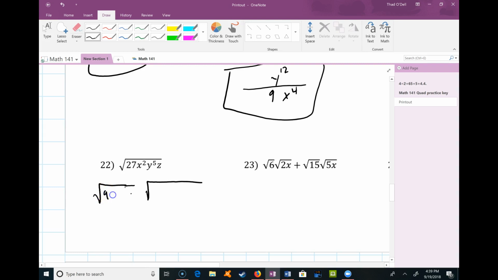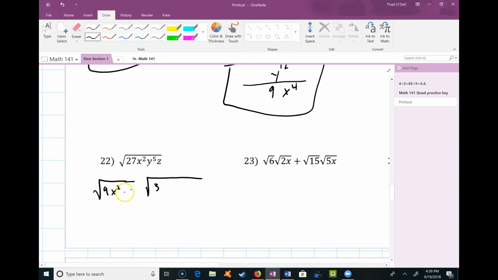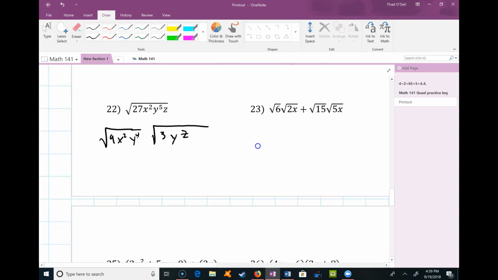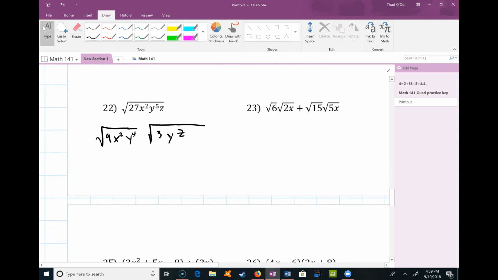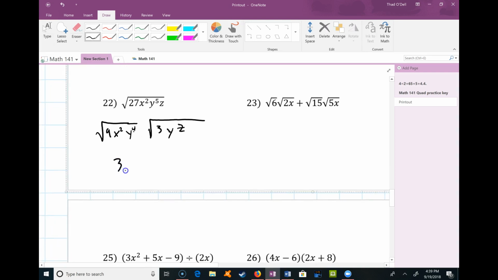So we'd put a 9 here and a 3 here, because 9 times 3 is 27. x squared is a perfect square, so I'm just going to put it in there, and there's no x's left over here. y to the 5th is y to the 4th times y. And of course, z, I can't do anything, so I put it in there. And then I can go over here and square root all my perfect squares. So that'd be 3xy to the 2nd times the square root of 3yz.